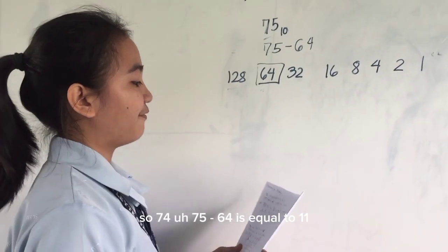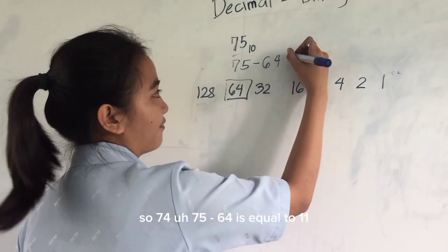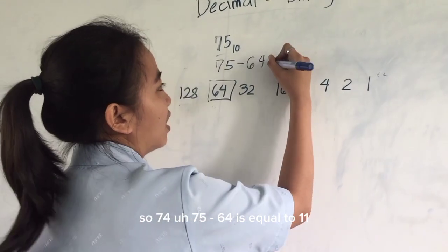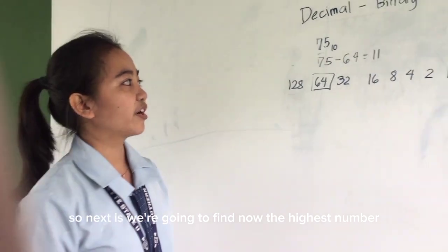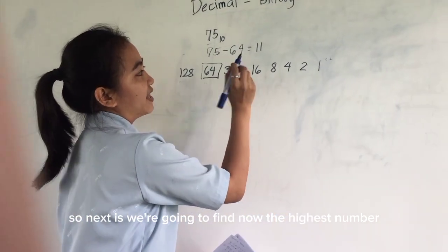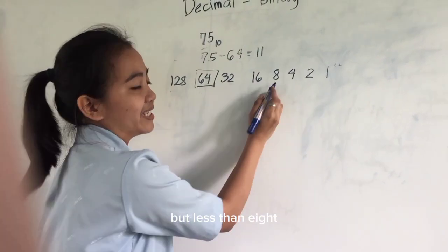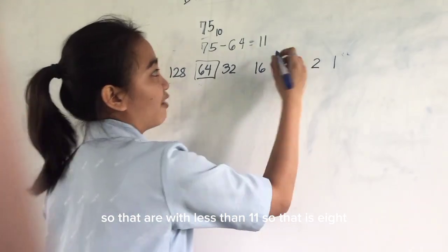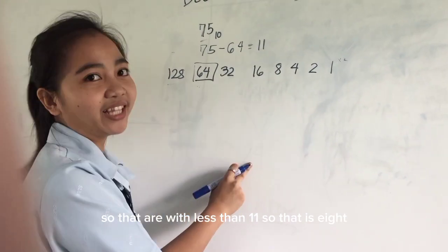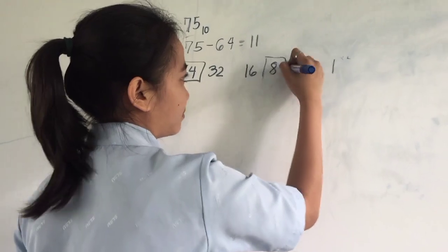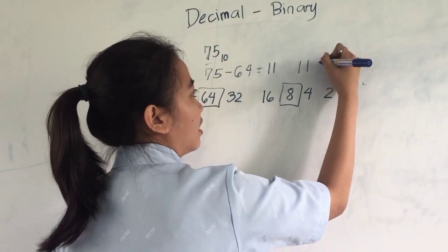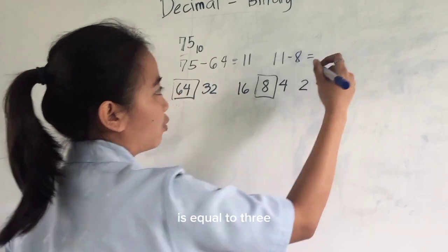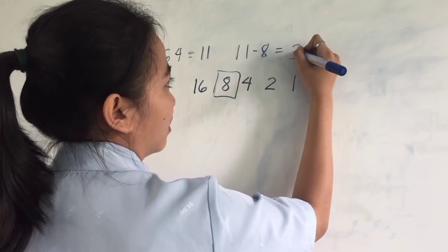So 75 minus 64 is equal to 11. So next, we're going to find now the highest number that is less than 11. So that is 8. So 11 minus 8 is equal to 3.